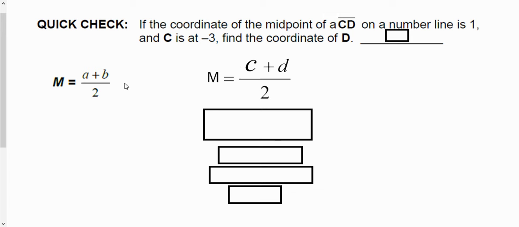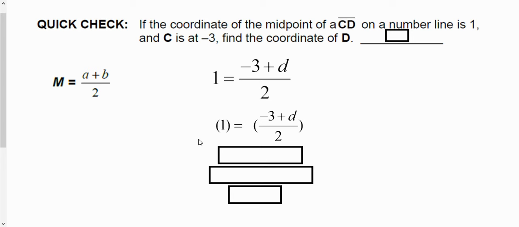But we've got the same thing here, the midpoint. I called them C and D like the problem did. The two endpoints are C and D. We read this. If the coordinate of the midpoint of CD on the number line is 1. So I know my midpoint is 1. And C is -3. So I'll put -3 in there for C. The two endpoints divided by 2 here.